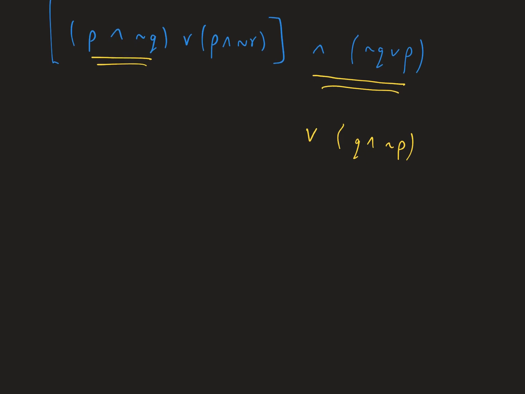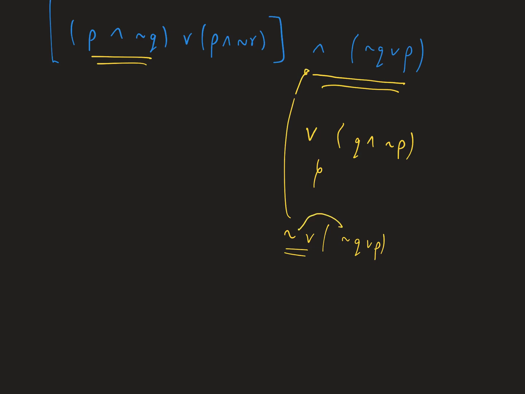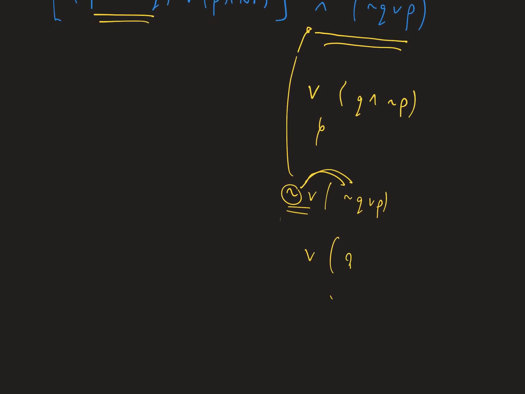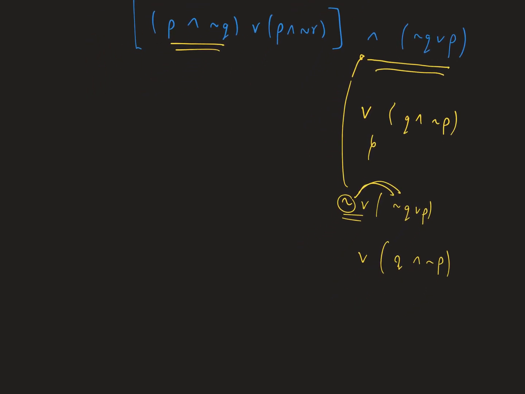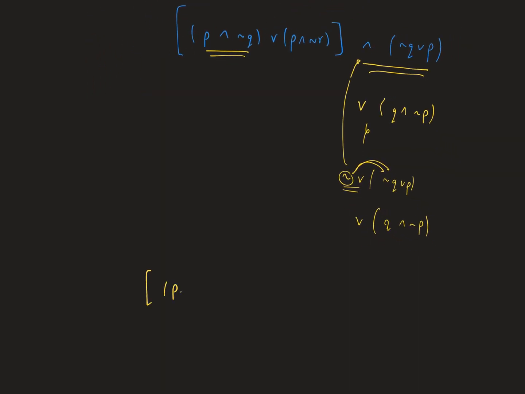Since the yellow one here is equal to not of Q or P, and since not of or is and, if I distribute this not into this, I'll get or Q and not P. So let's take a look here, and what we get this step is P and not Q or P and not R or Q or not P.